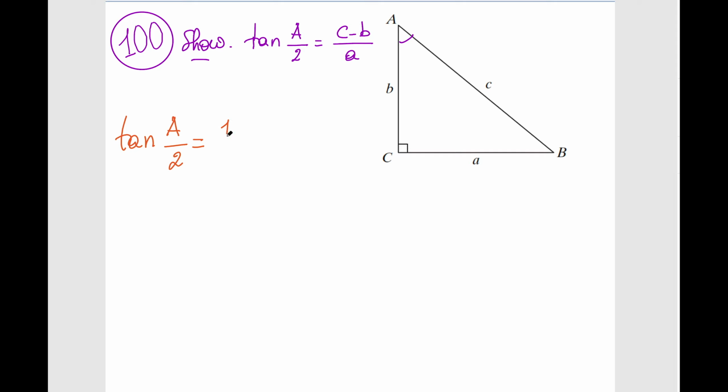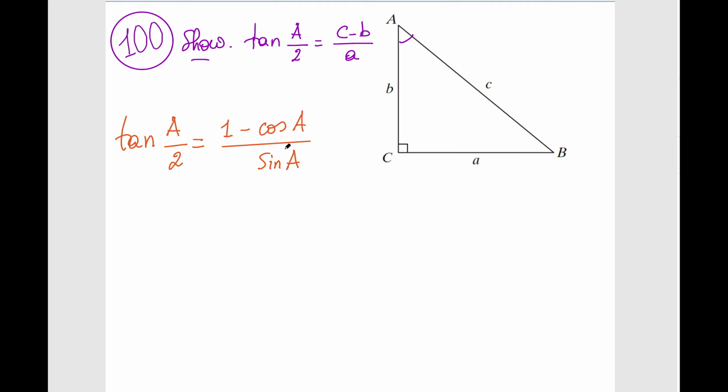This is, let's say, 1 minus cosine of u, but u in this case is A, divided by sine of A, right? Correct? This is the formula we just showed above. We have a different one, so they are the same. Just pick one. At home, how about you pick the other as well?